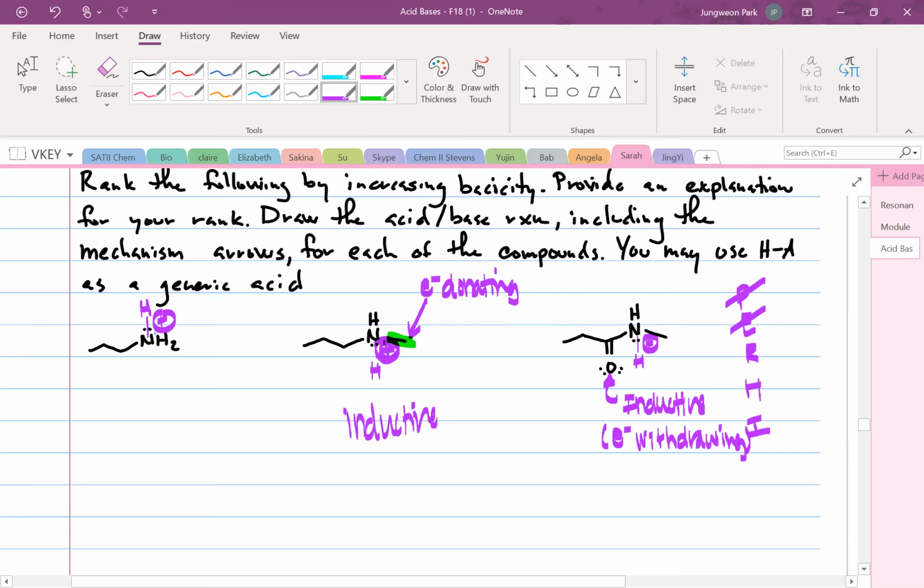So they become stable. Versus this one, the third one, this is electron withdrawing. It's pulling electrons.